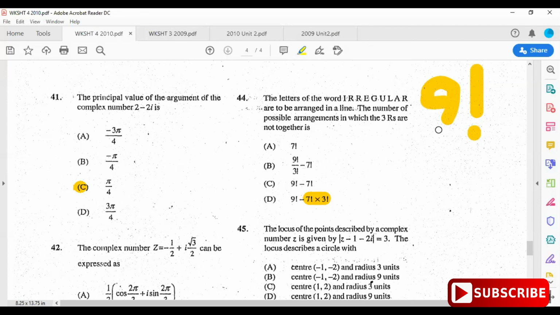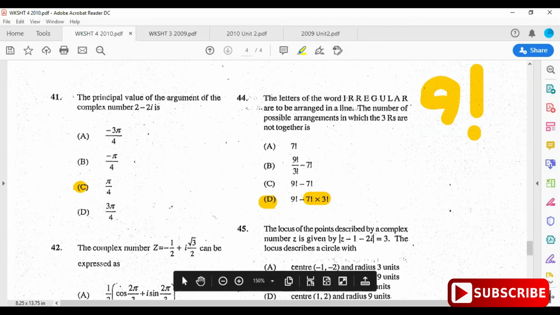And the number of ways for them together is 7 factorial times 3 factorial. So the total number of arrangements minus the arrangements of them being together is going to give us when they're not together. So that's D. That's clear? Yes, yes, sir. All right.